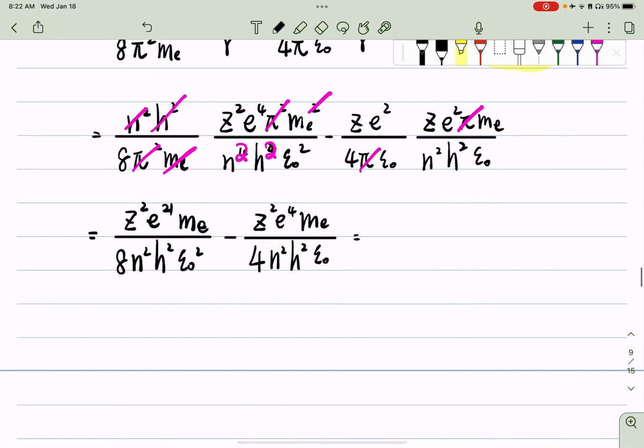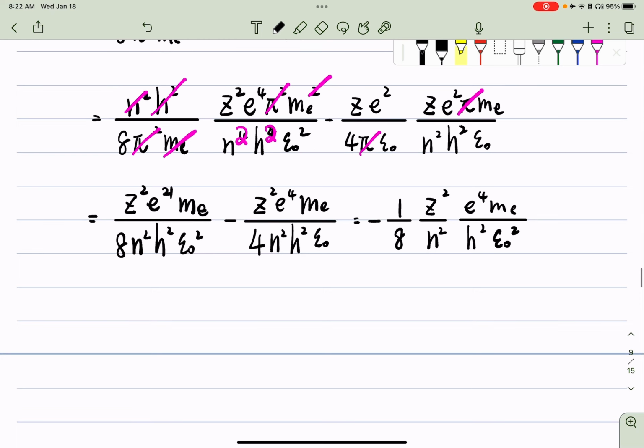Or we can write that as negative 1 over 8 times Z squared over n squared times e to the 4th m_e over h squared epsilon naught squared.